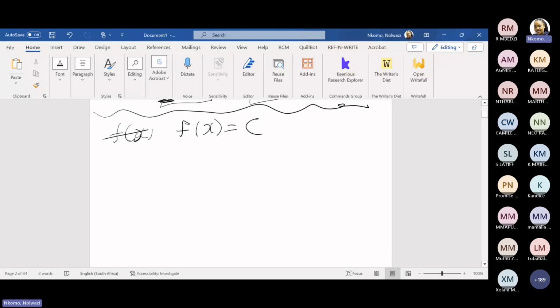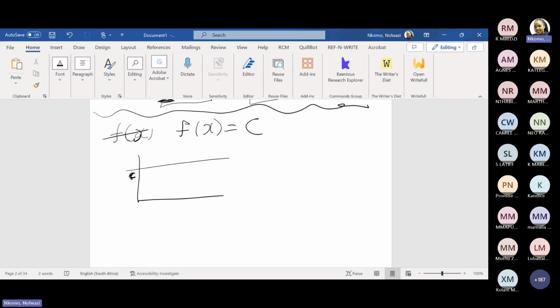Remember, I said the derivative is the same thing as the slope of the curve or of a function, right? If we plot this function, we'll have something like this. Let's say we have c here.